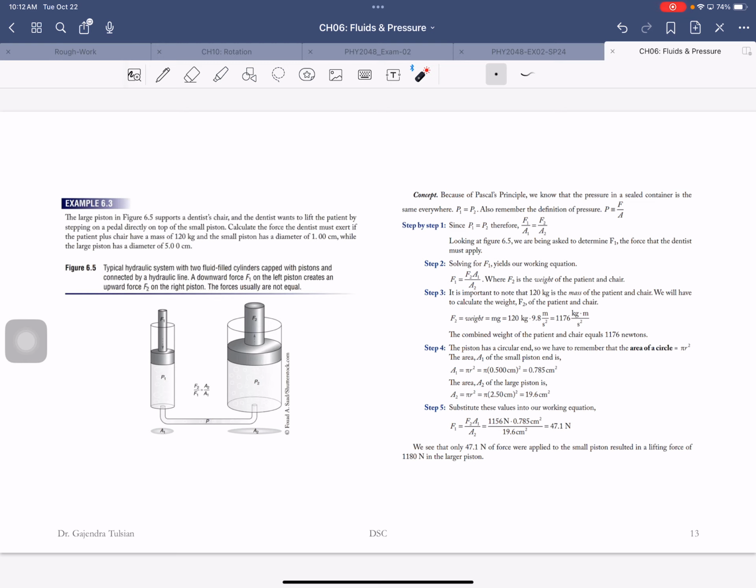Okay, so the area of a circle is pi r squared. So if this radius is 5 times greater than this radius, the area is 25 times greater. This area is 25 times greater than that.